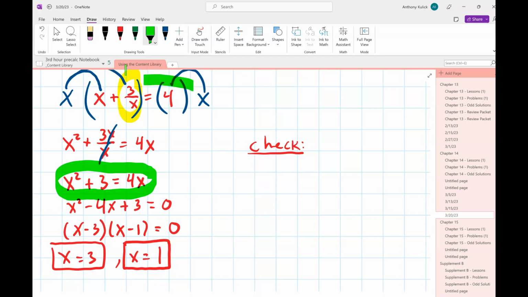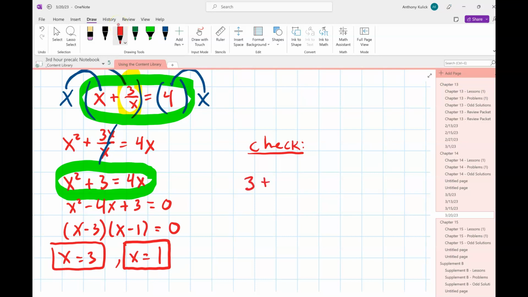The equation we're actually trying to solve, though, is this one, which is a rational function. The domain for a rational function can have holes in it, right? Where the asymptotes are, where the removable discontinuities are. What we have to make sure is that the solutions that we found aren't actually the location of an asymptote or the location of a removable discontinuity. The easiest way to do that is just to check.